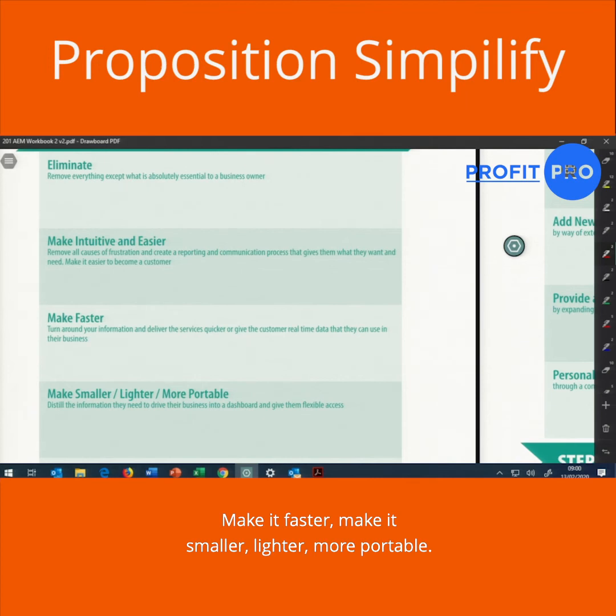Make it faster, make it smaller, lighter, more portable. What did Steve Jobs do with the iPhone? Well, we had the iMac, we had the MacBook, we had the iPad. The iPhone started off as 1,000 songs in your pocket, but it moved very quickly from 1,000 songs in your pocket to, well, actually, it's a computer in our pocket. It does everything.